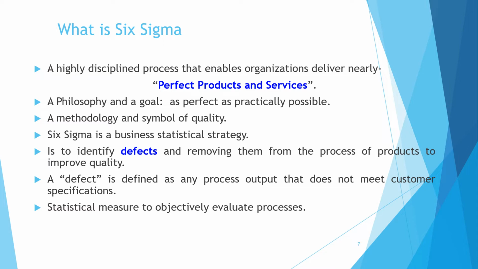And what is a defect? A defect is any process output that does not satisfy customer specifications or customer expectations. It can also be termed as a statistical measure to objectively evaluate multiple processes.